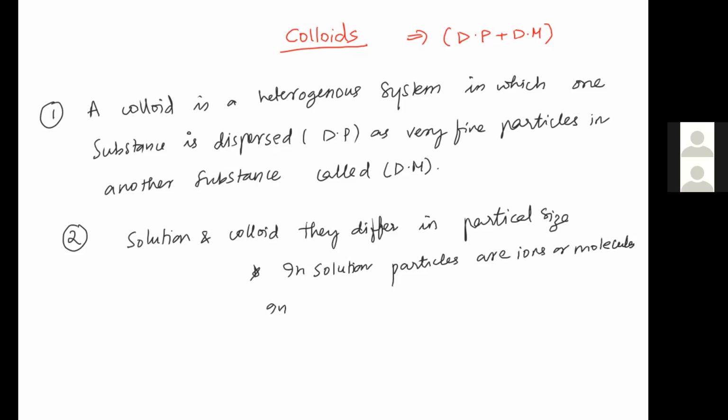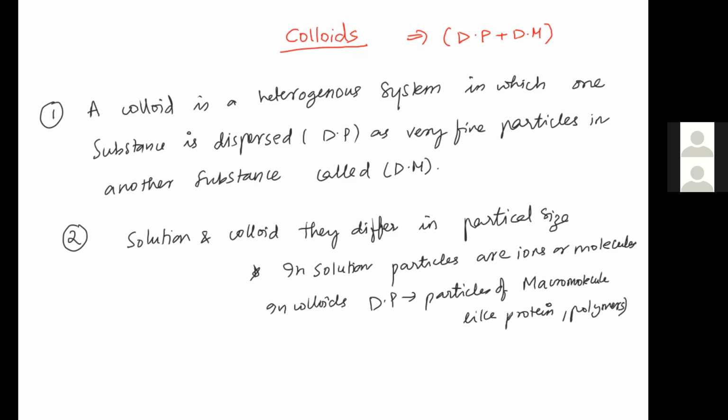In colloids, the dispersed phase may contain particles of macromolecules like proteins or polymers and so on. Okay, that is the difference, size. Here the small ions, small molecules, but here you have a bigger macromolecule, like a bigger molecule.